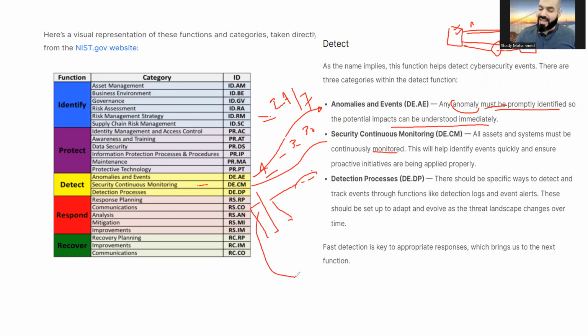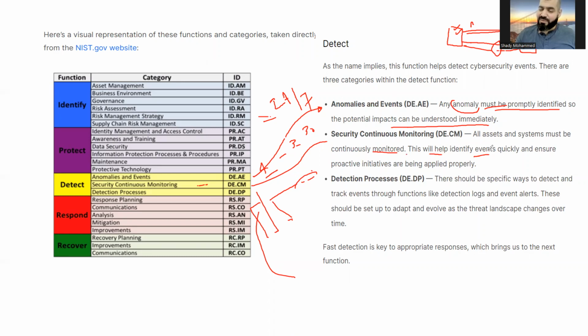So any important assets: your Active Directory environment, your DNS server, your very important file server within the organization, even computers and machines, especially users, you will also be monitoring this stuff, and it should be continuous, okay? When we have 24/7 monitoring for all the assets, it will help us identify events quickly, and secure the initiative.